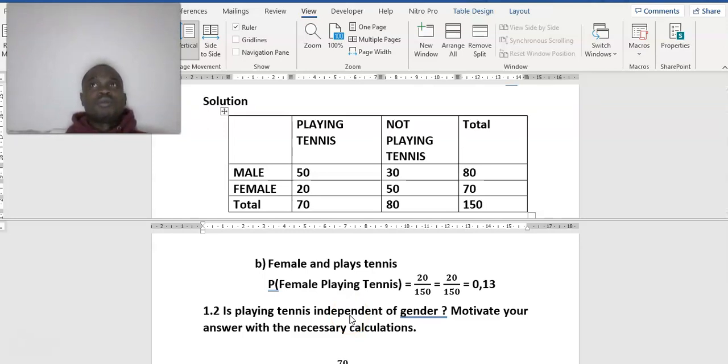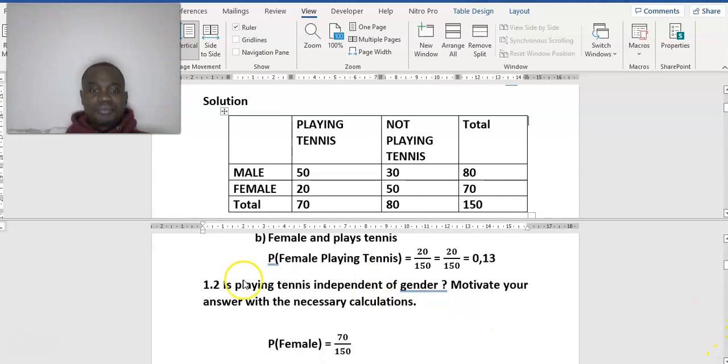When two events are independent, if you multiply their probabilities, it should be equal to the intersection of the two. Let me write it mathematically for you to see what I'm talking about.